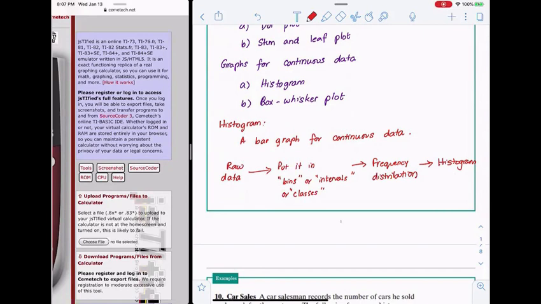Because even though we have bars, here the bars are going to be touching each other. There will be no space at all because we are talking about continuous data on the real number line. So there wouldn't be any space, which is why we call it a histogram. But in short, what is a histogram? A histogram is simply a bar graph for continuous data.